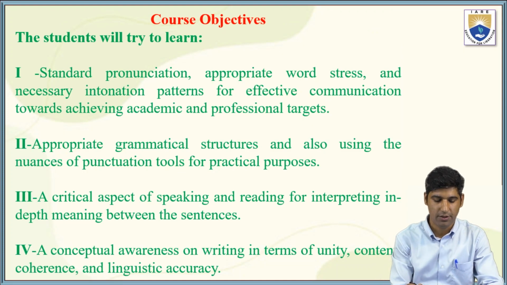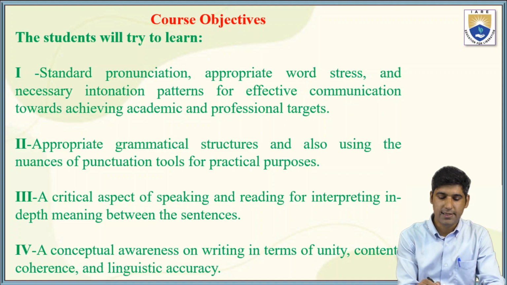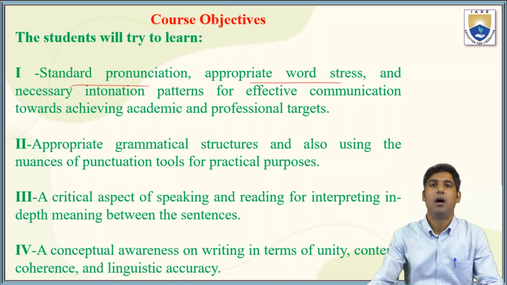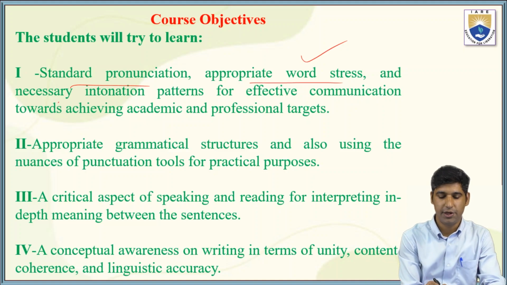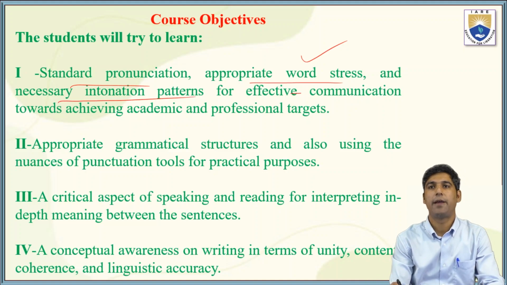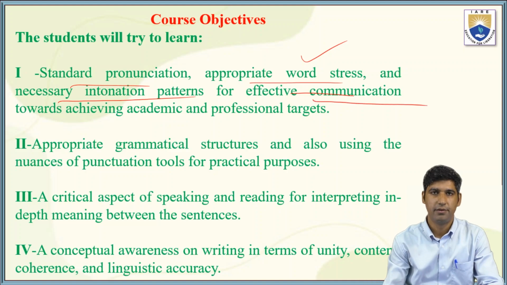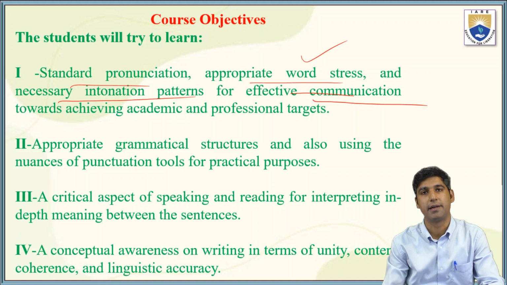Our course objectives are 4. One is standard pronunciation. A student must learn standard pronunciation, appropriate word stress, and necessary intonation patterns for effective communication towards achieving academic and professional targets.